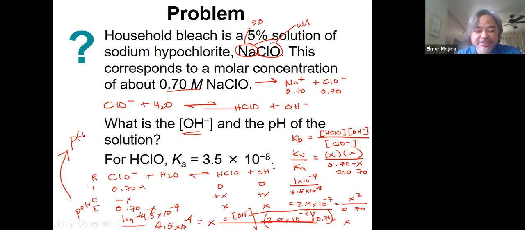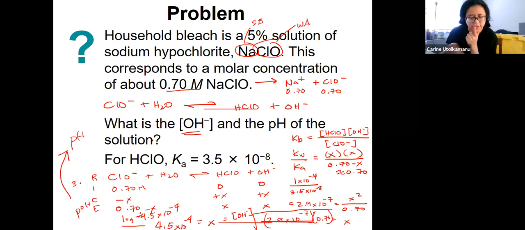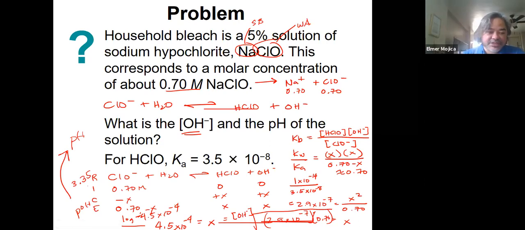So if I have a negative log, what is the pOH that you get? Do you get a 3.5? 3.5, yes. And then to get the pH, that's around 10.65.